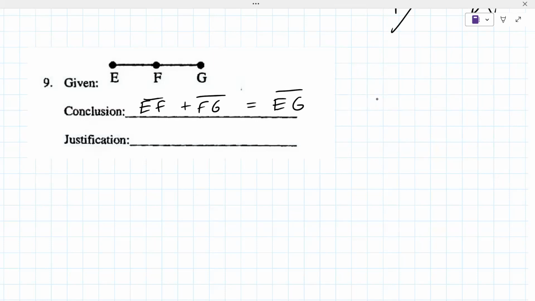Line EF plus line FG equals line EG. Okay. Can you give me a physical example of what that's referred to? Something in real life. Oh, what do you mean?